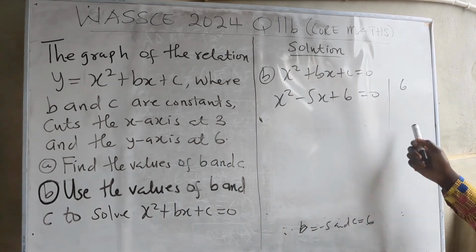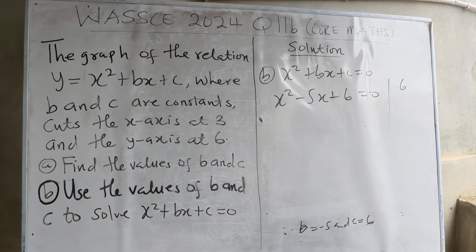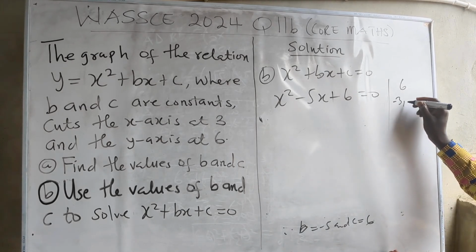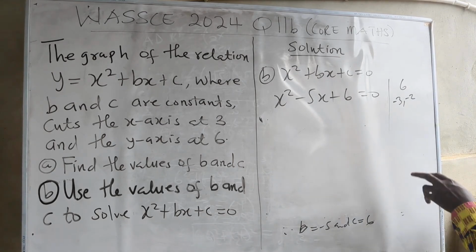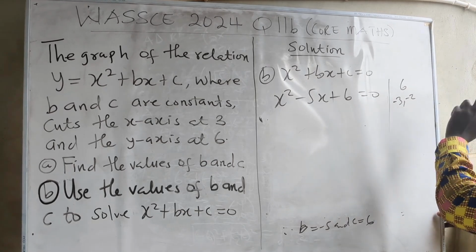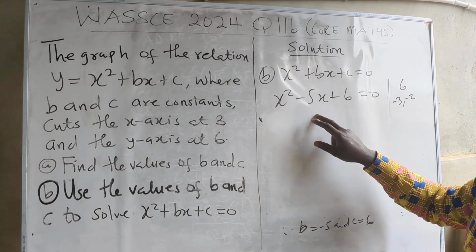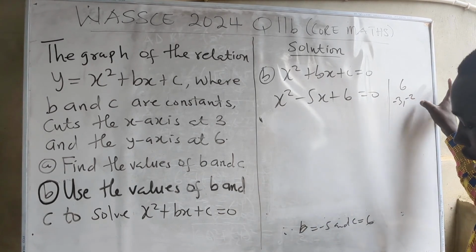Then we find two factors of 6 that when you add, you get negative 5. So what are the two factors? That will be minus 3 and minus 2. Minus 3 times minus 2 gives positive 6, and minus 3 plus minus 2 gives negative 5. So we split the negative 5 into negative 3 and negative 2.